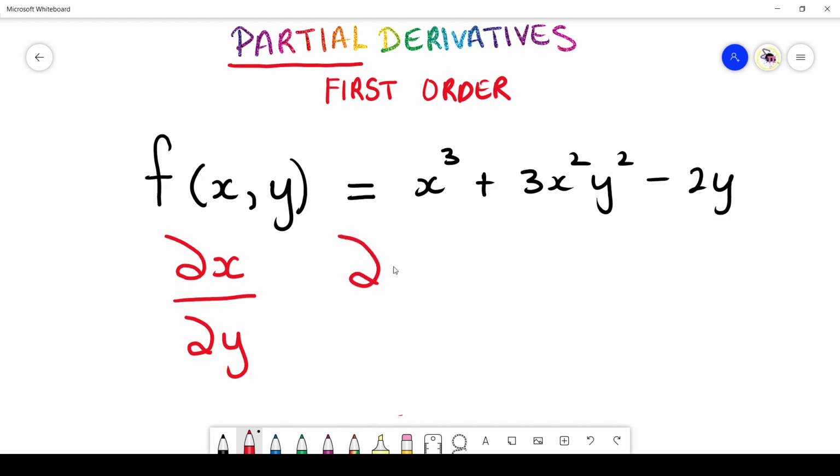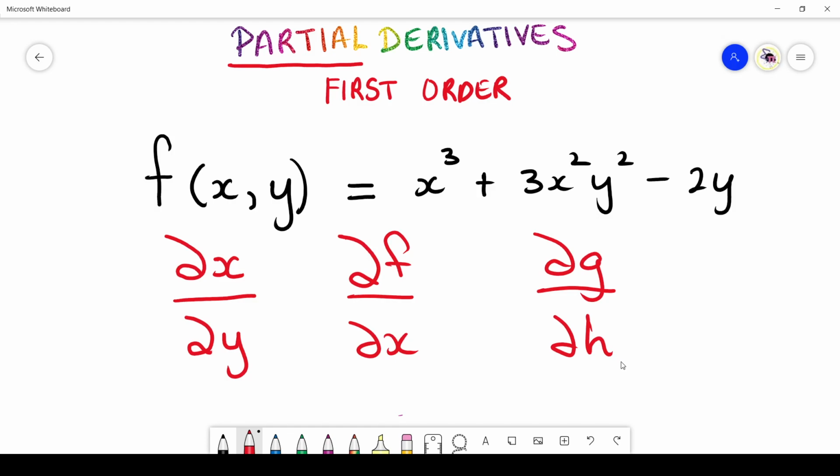This is read as delta f, delta x. This is read as delta g, delta h. All right? So I'm just giving you guys a look at the notation when it comes to partial derivatives. It's not the standardized dx or dy that you would typically see.